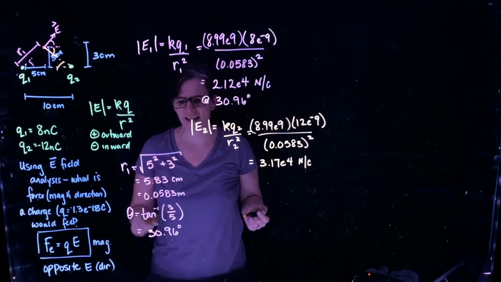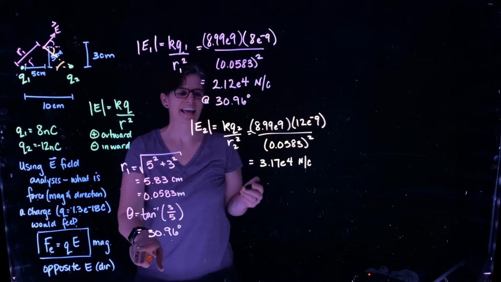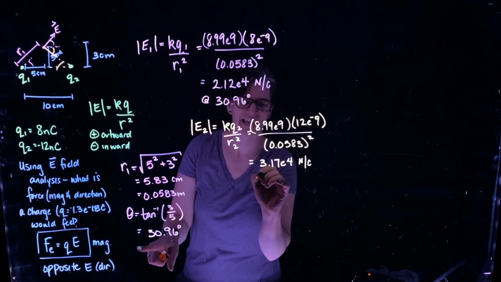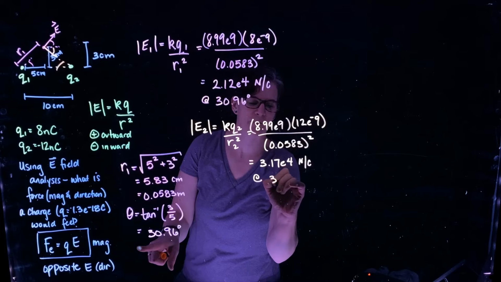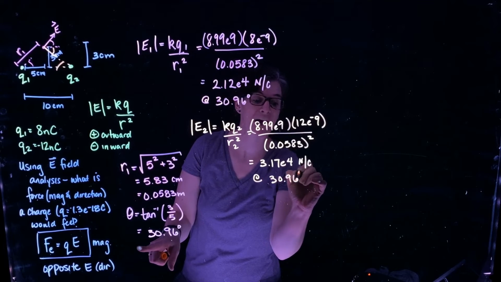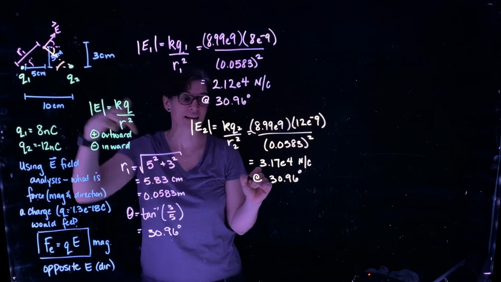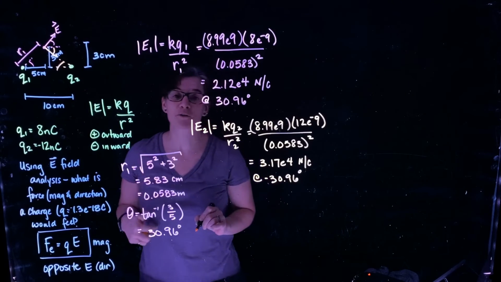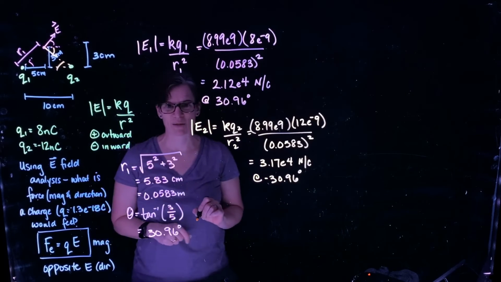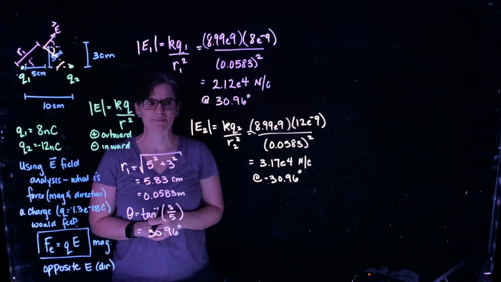And so I can use my tangent again, and we find in this case, it's 30.96 degrees, but it's pointing down and to the right. So that's in the fourth quadrant, a negative 30.96 degrees.